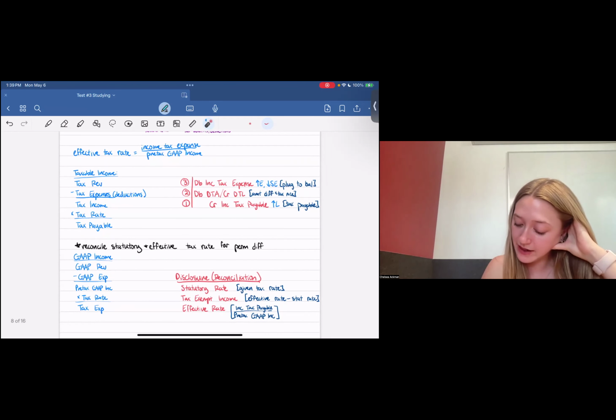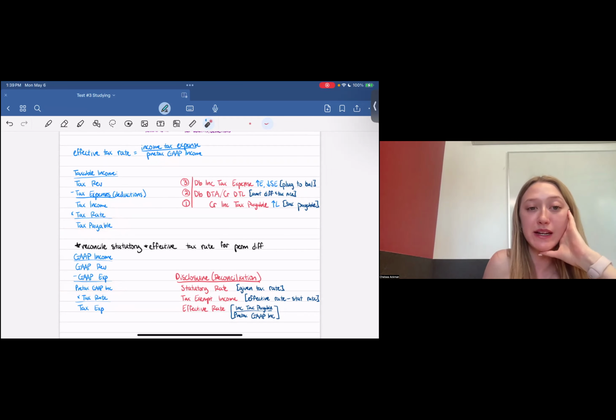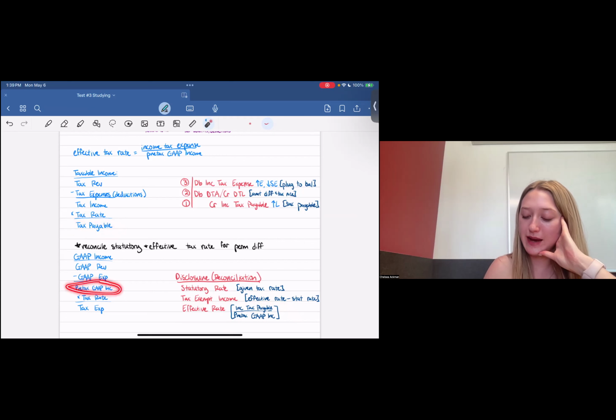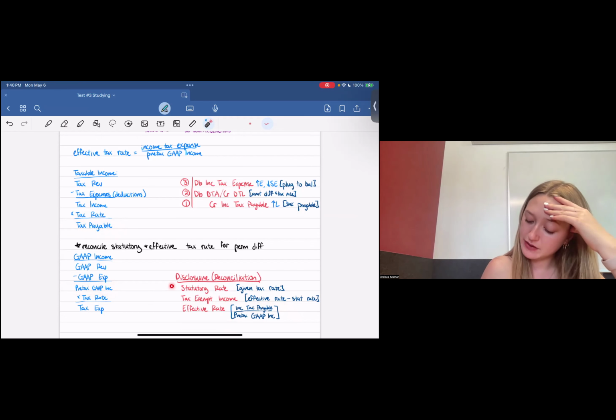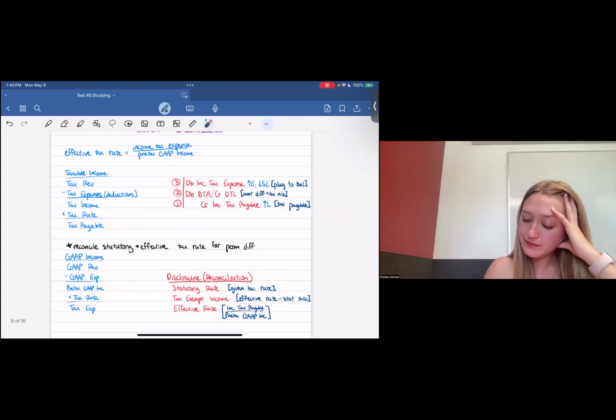No, because it should be the income tax payable over the pre-tax GAAP income. Sorry about that. It should be that calculation, because as we see here, if you take the tax payable over the pre-tax GAAP income, that'll give us the effective rate. And then the difference between these two rates gives us the tax exempt income rate of sorts.